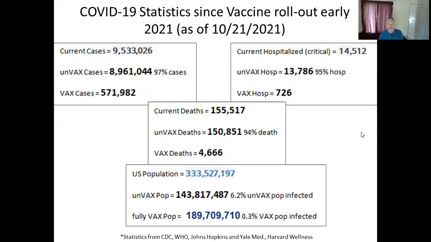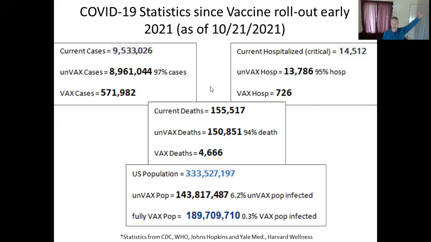We're all in school, we're all vaccinated, but there's all kinds of controversy about the vaccinations. Most of it completely unwarranted and unfounded, but that's not the point here. Let's look at cases that have accumulated since the rollout of the vaccine, which occurred in early 2021.